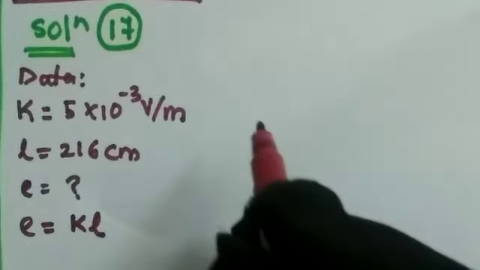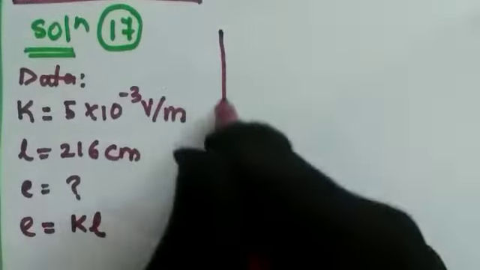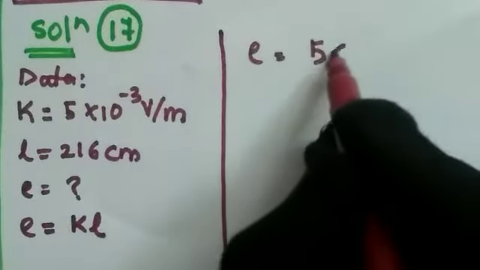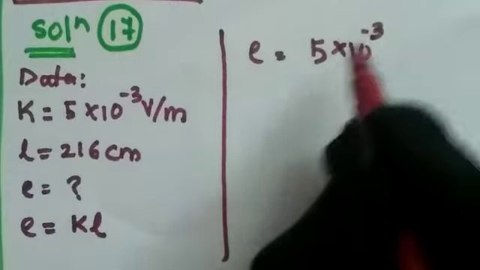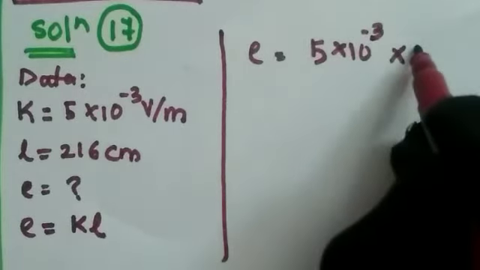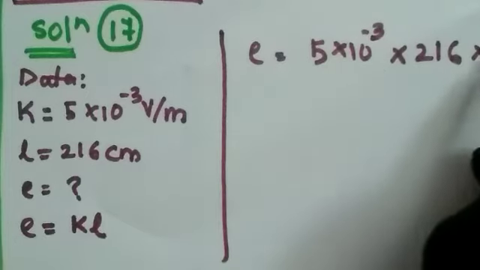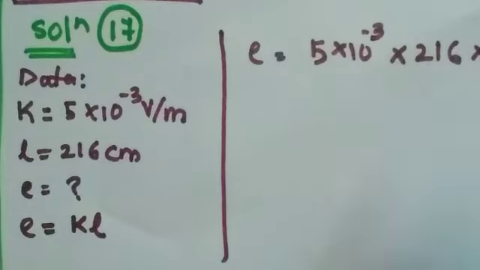So here E is nothing but 5 into 10 raised to minus 3 into L, that is 216 centimeter. Convert centimeter into meter, so it will be 10 raised to minus 2.